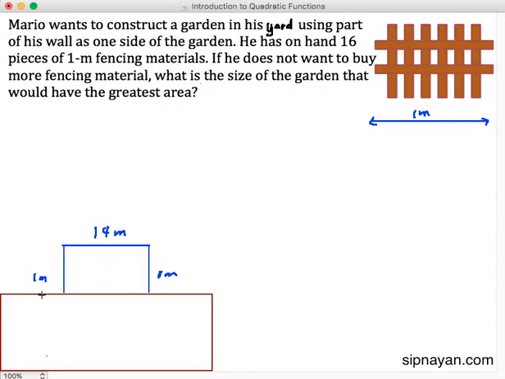Or, if this is 2 meters, this is also 2 meters, so 16 minus 4, magiging 12 meters na to, no? So, maraming posibleng sukat, no?